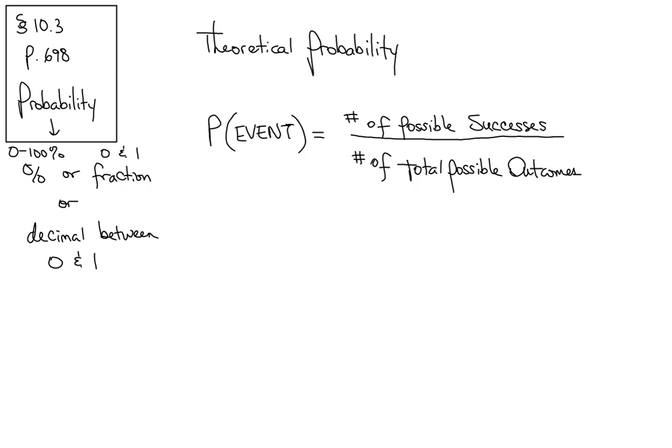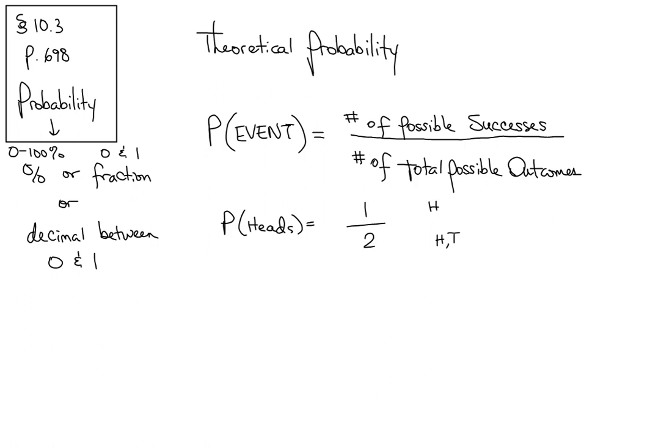So for example, if we want to throw a fair coin, two-sided coin, and we want to know what's the probability of getting a heads, how many different heads are there on a coin? 1. How many different outcomes are there on a coin? 2, right? There's only one heads, there's a heads, and there's a tails, right?